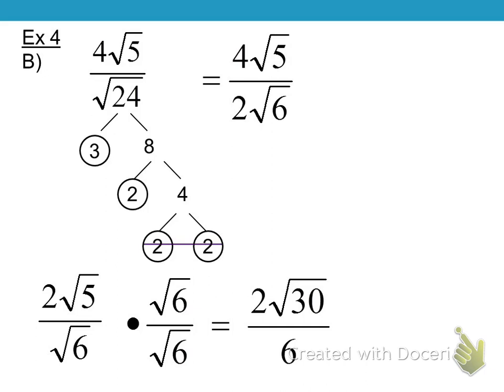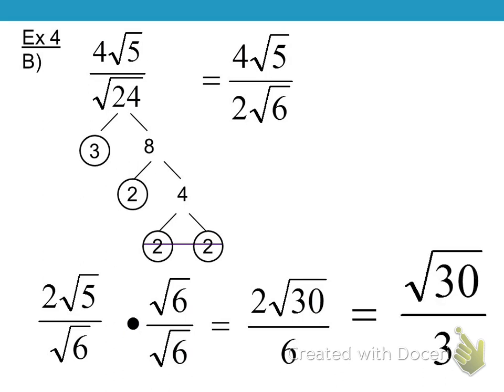Am I done now? No. You can simplify even further because now the 2 and the 6 are both playing outside, so you can simplify them. What is 2 over 6? 1 over 3. So my answer is square root 30 over 3.